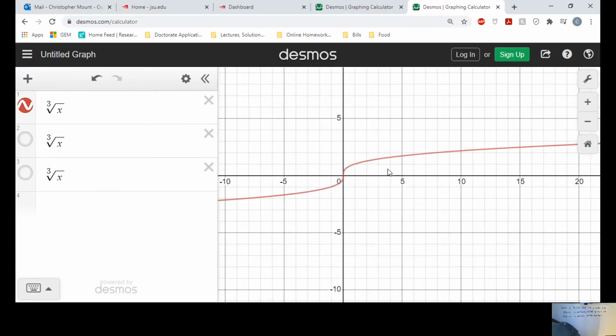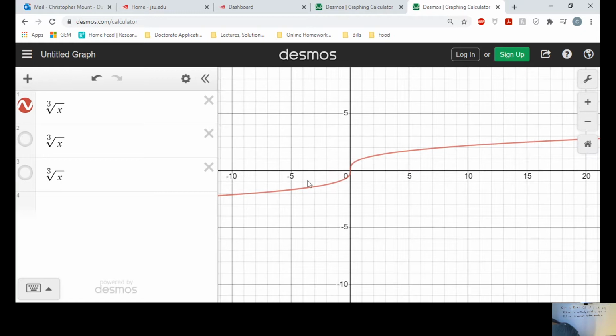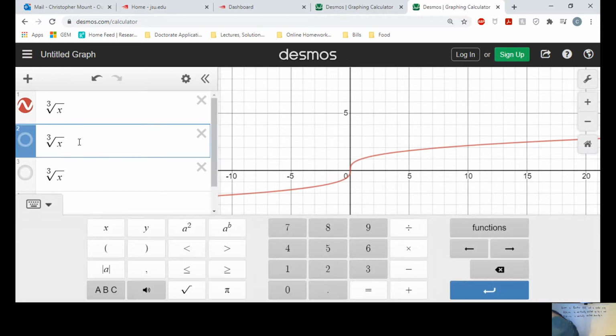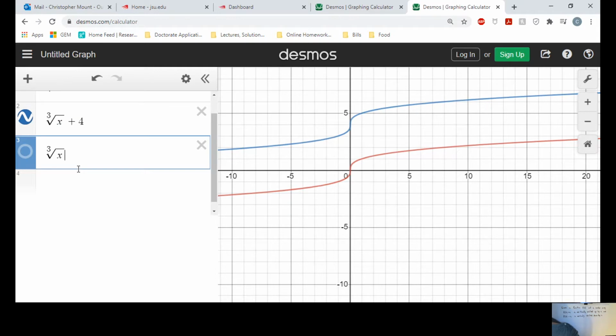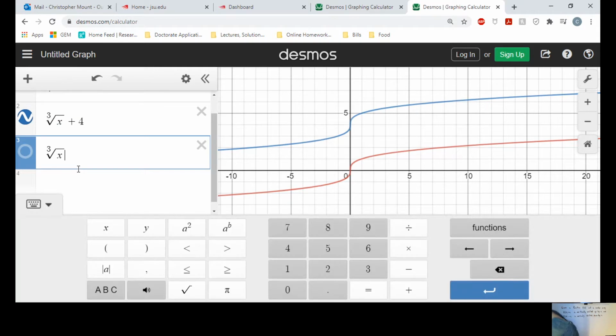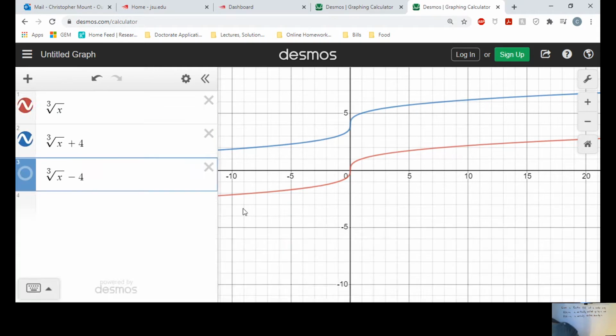Okay, there we go. Sorry about that. There's the cube root of x, base graph. And then what if I add 4 to it, some whole number just to make it easier? There it is, lifted up by 4. And then what if I say -4? There it is.